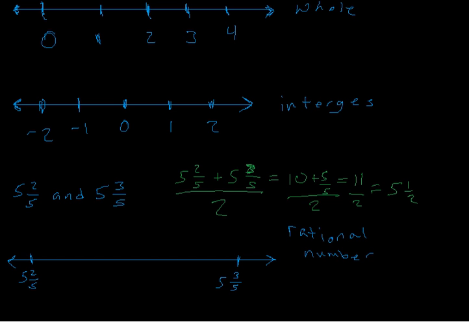So again, according to the density property, 5 and a half is between 5 and 2/5 and 5 and 3/5. And there are infinitely many numbers between many real numbers.